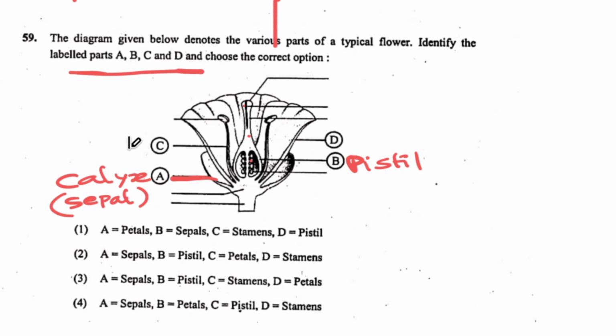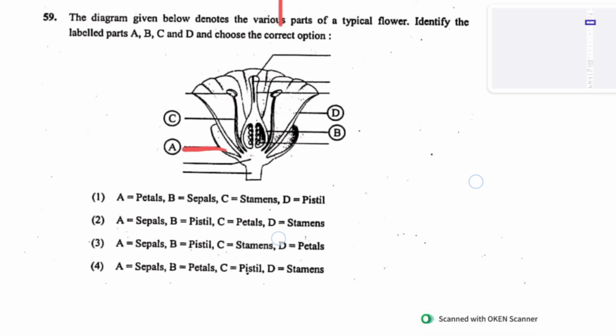Then C, it is a stamen. D, it is a petal. So the right answer for this one will be sepal, pistil, stamen, petals. So 3 is the right answer. Then read out the next question.